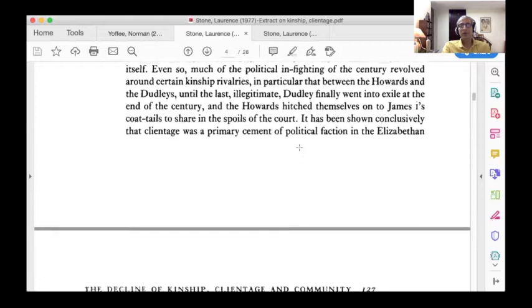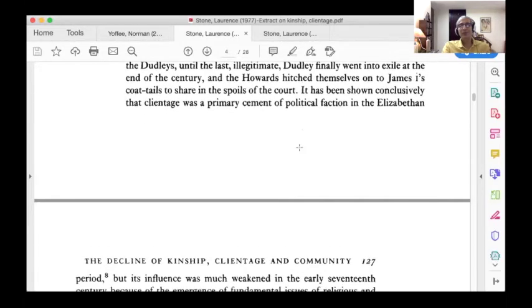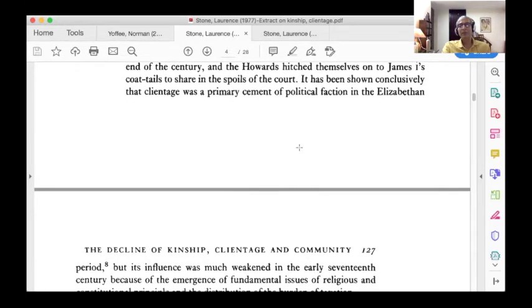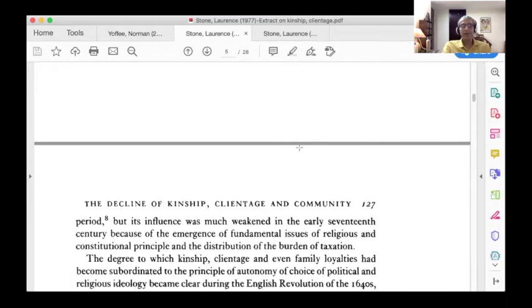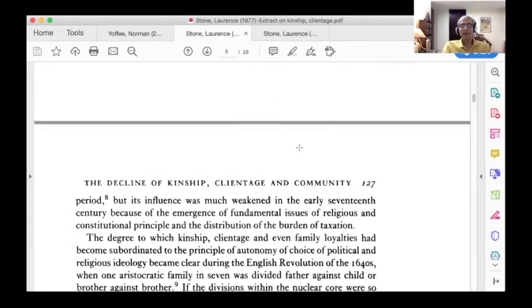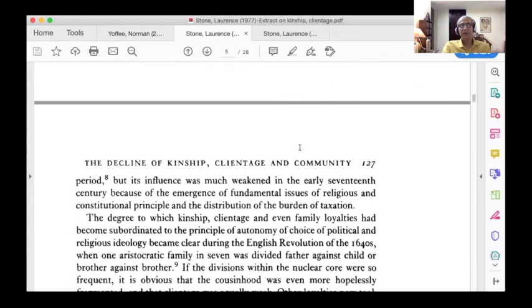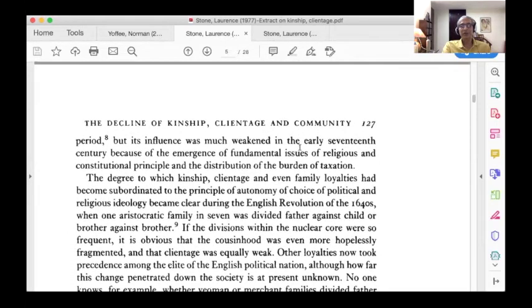It has been shown conclusively that clientage was a primary cement of political faction in the earlier Elizabethan period, but its influence was much weakened in the early 17th century because of the emergence of fundamental issues of religious and constitutional principle and the distribution of the burden of taxation.